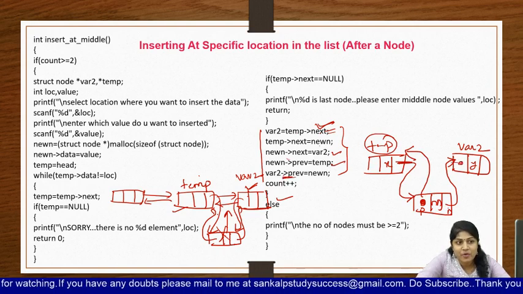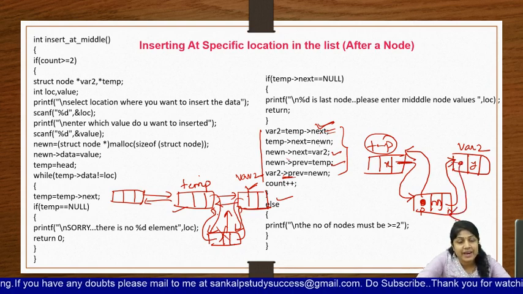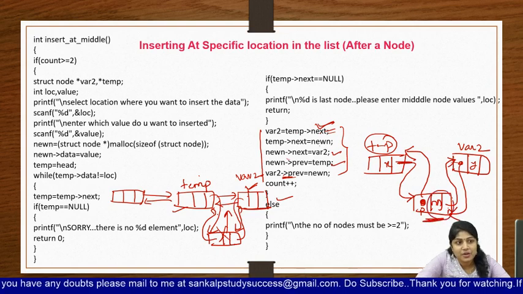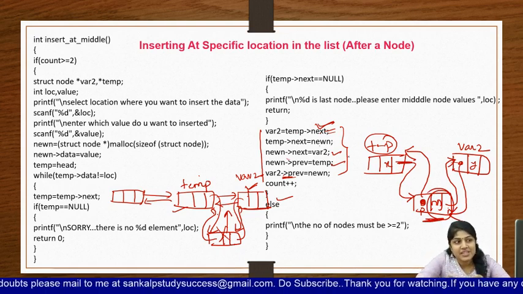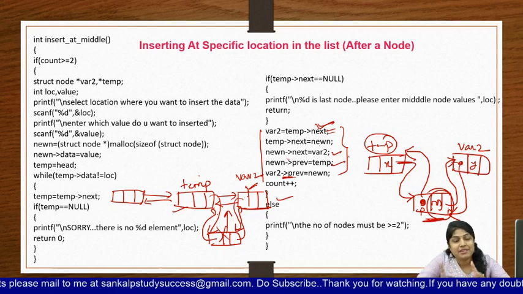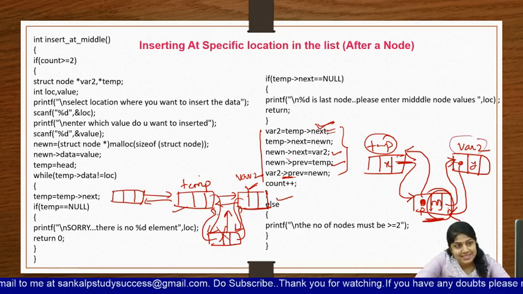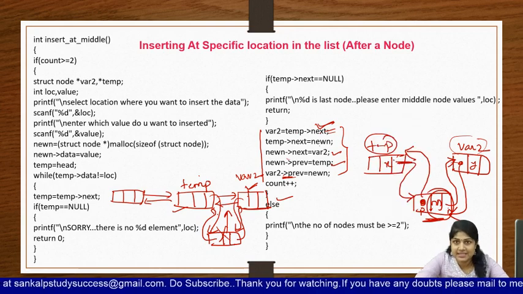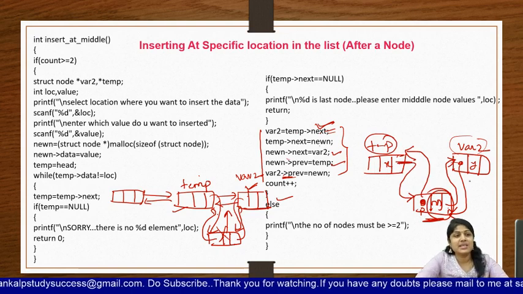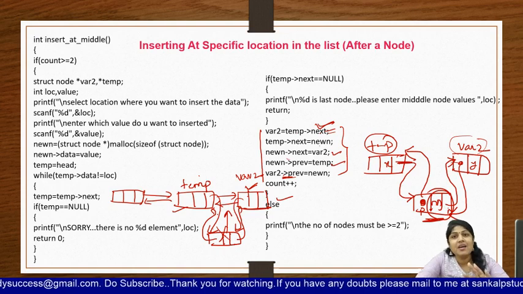సో వాట్ ఈజ్ దిస్ పాయింట్? వేరియబుల్ ప్రీవియస్. సో var2 to previous is what? What is this? New node. Okay. So ఈ 4 lines లో all program done. Okay. సో ఇనిషియల్‌గా ఏం చేసాము? temp to next is the var2, ఒక పాయింటర్ తీసుకున్నాము. ఆఫ్టర్ దట్ temp to next will be the new node and new node to previous will be the temp, and the next one is var2 to previous is the new node and new node to next is the var2.